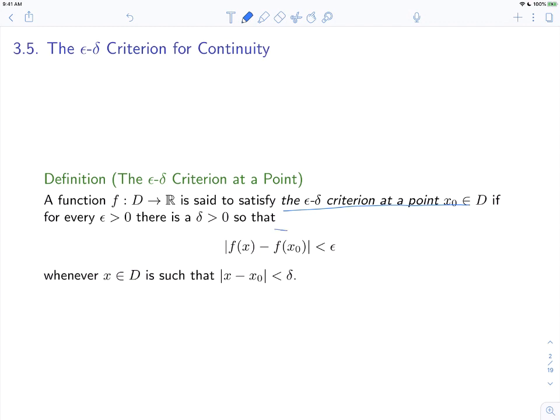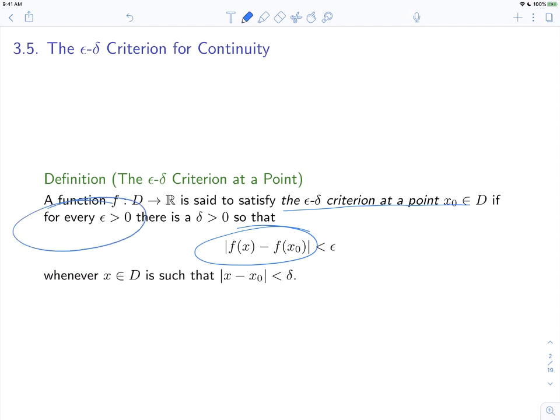Whenever you see something like this, where you have a difference in absolute values, you should think about it as a distance. The idea here is that we're trying to force the distance between f of x and f at x0 to be as small as we want. So this is true for every epsilon.